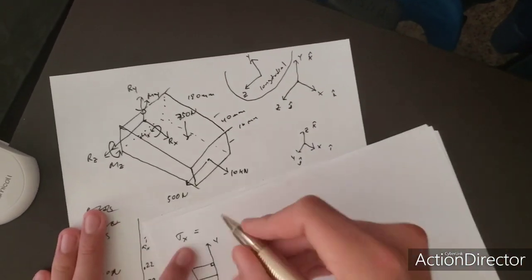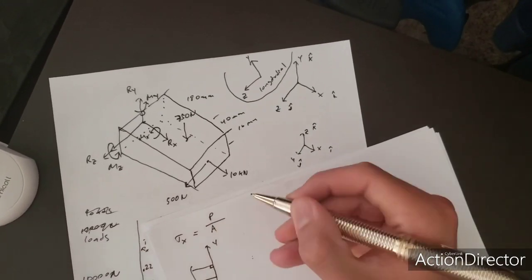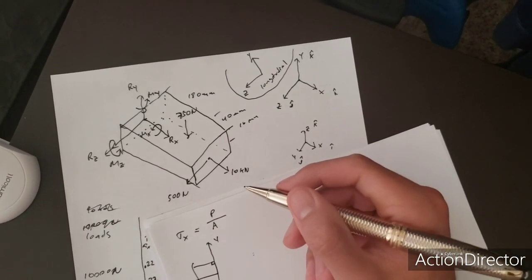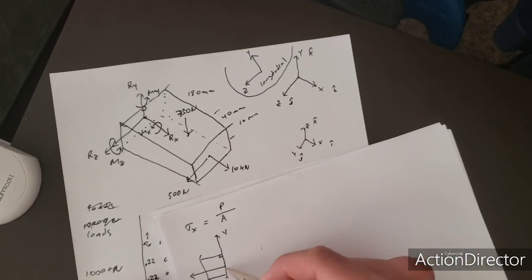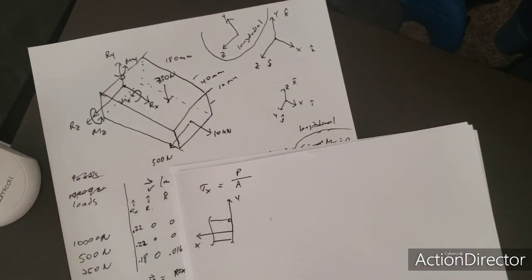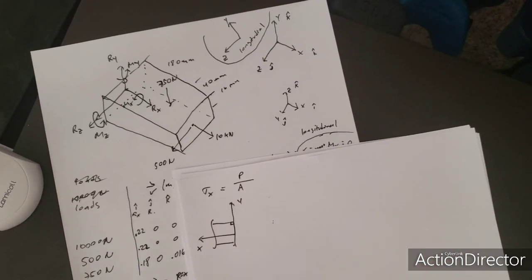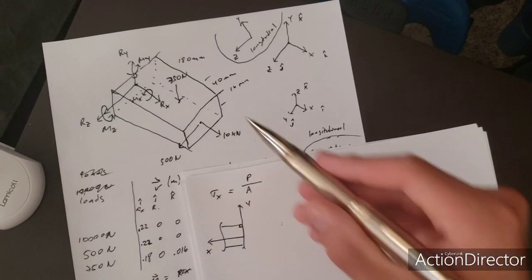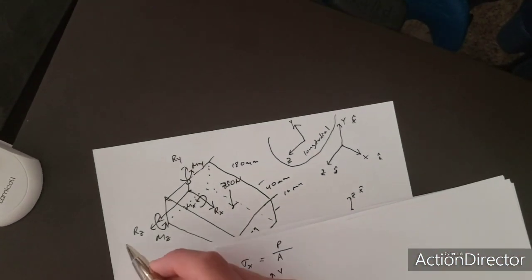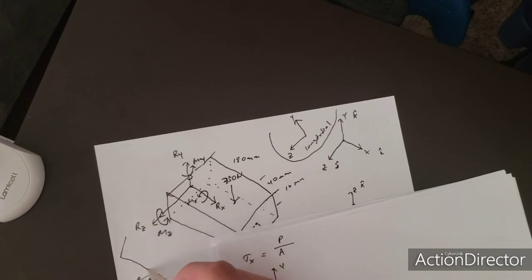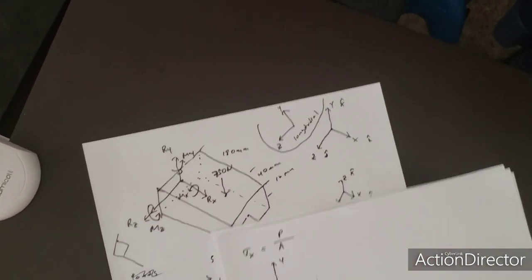Okay, so it's defined as P over A, where P is your load. A is the area that the force is on, so it should be this area that we can't see here, that's going into the z-axis. So if we think about it here, this is the rectangle, the object, and this is the yx, this is a block that we drew.